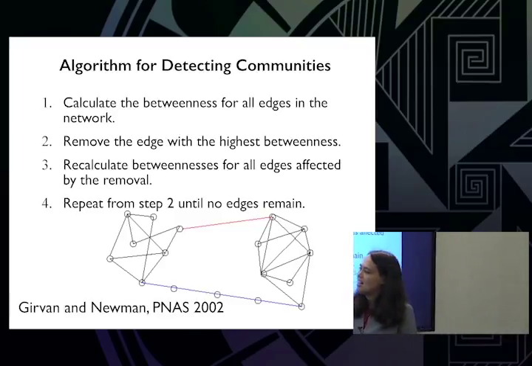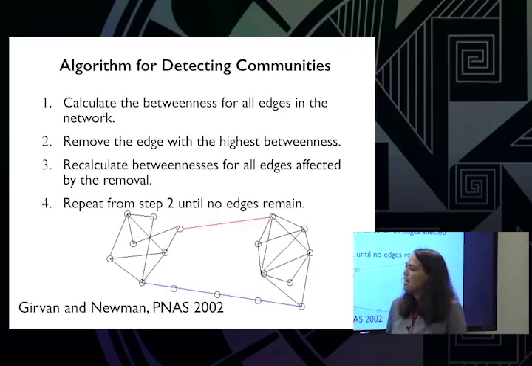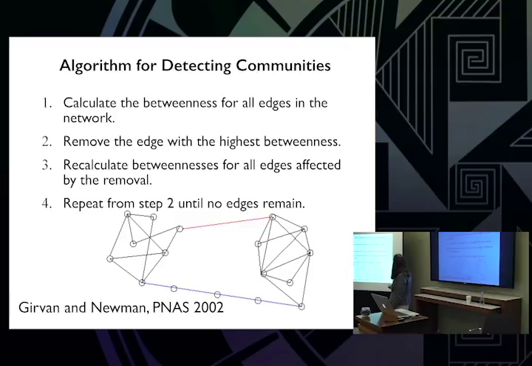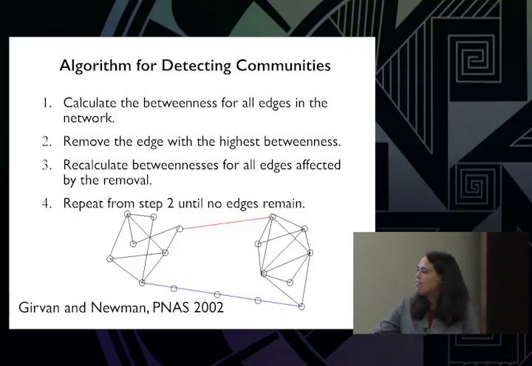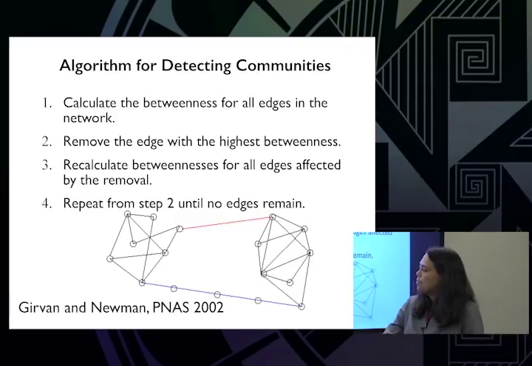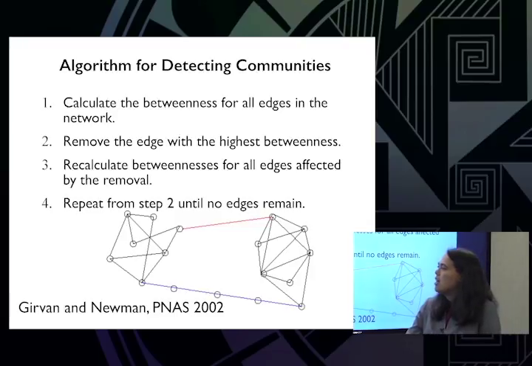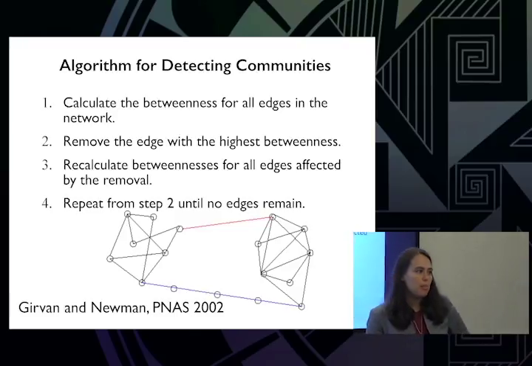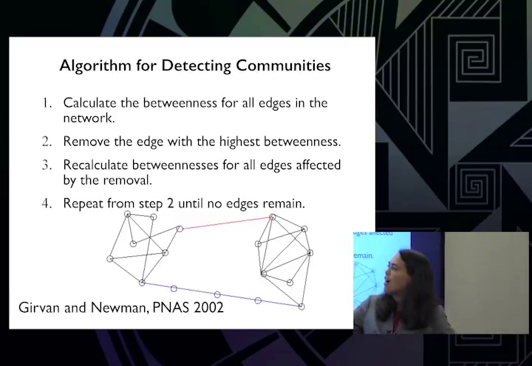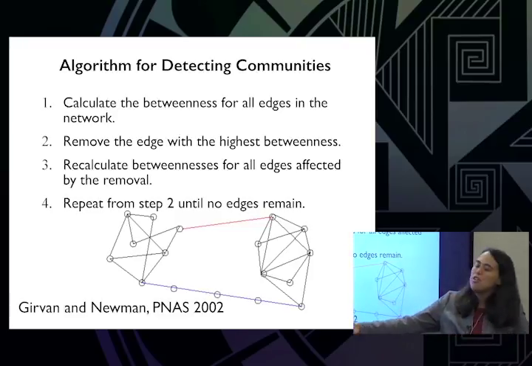So the idea here is if I have a network that's composed of 2 communities, and I remove the edge with the highest betweenness, if there are multiple paths between these 2 communities, it's going to be necessary that one of them has high betweenness, but not necessarily all of them. So if I didn't do this recalculation step, obviously I would remove this red edge first.